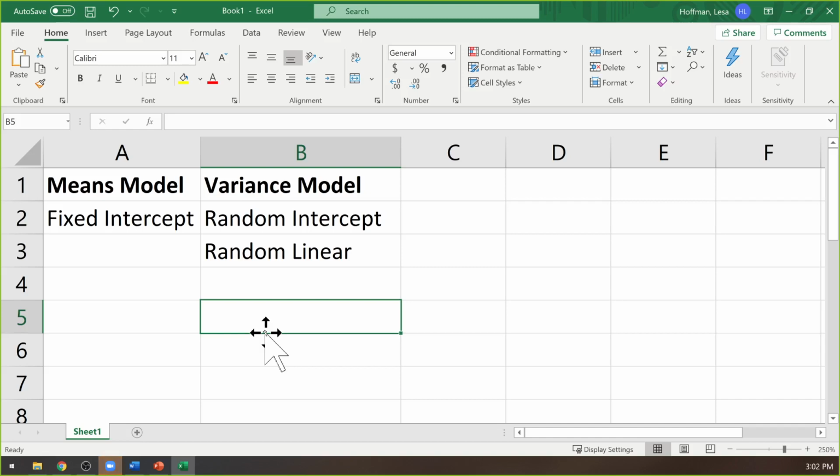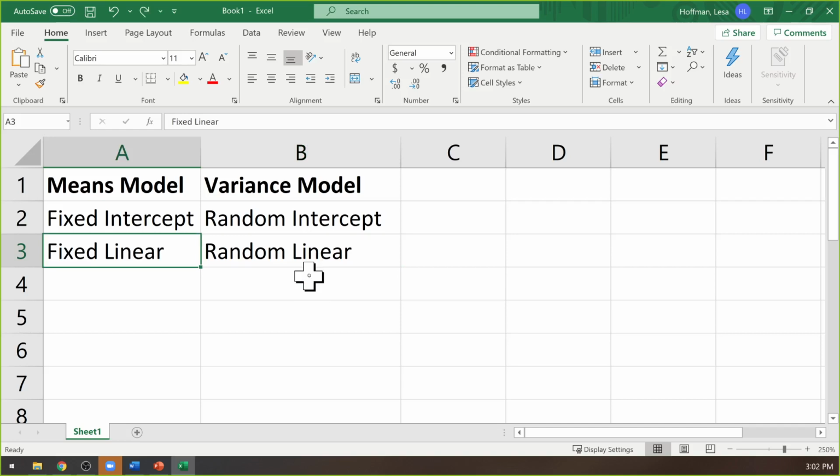Yeah, I call it wrong. That's what I'd call it. Now, what's wrong with this? What I'd be saying is that I have individual differences in change, but I have no average change. Individual differences from a zero line. So even if fixed linear is not significant, I keep it in the model.